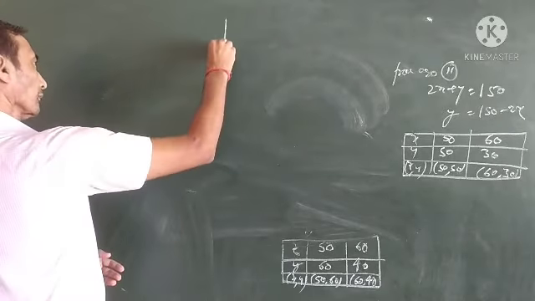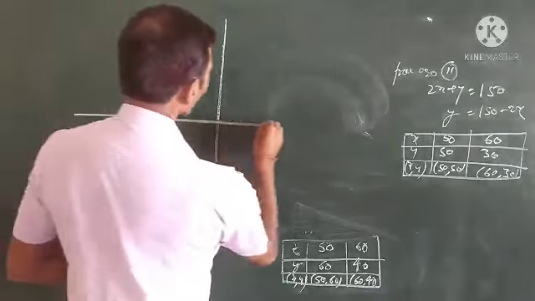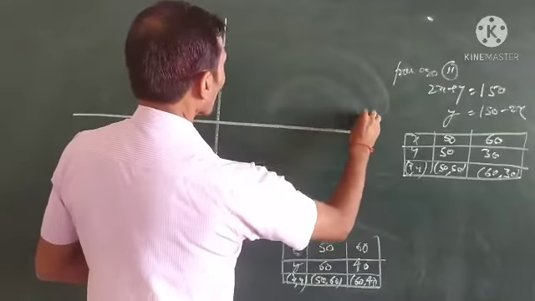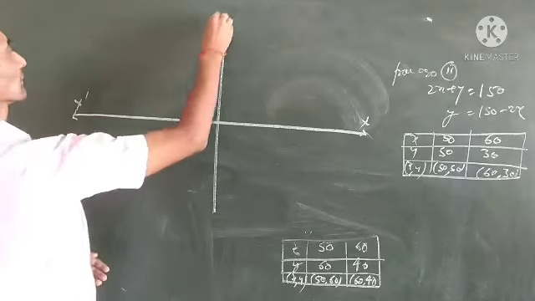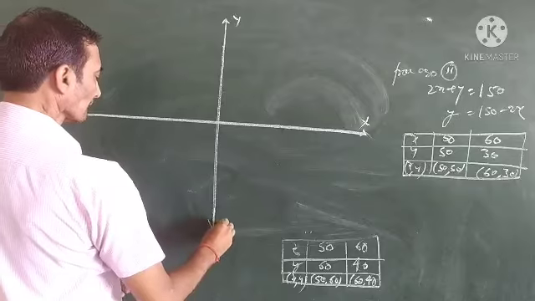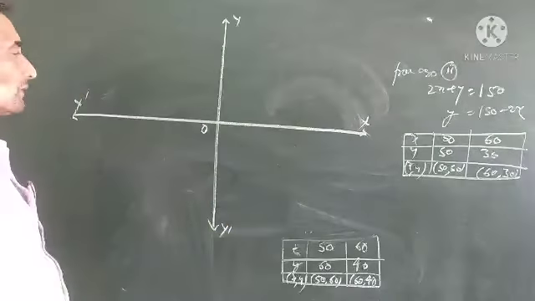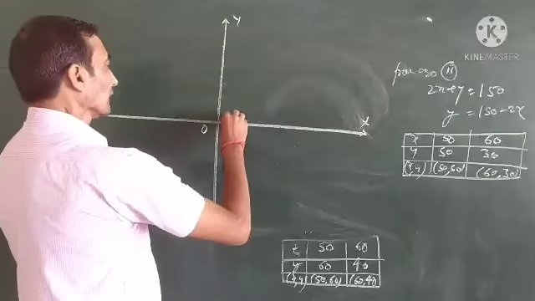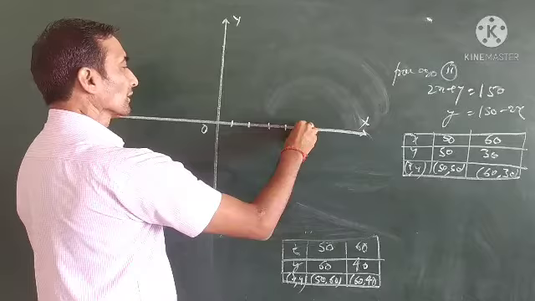A vertical line and a horizontal line. The horizontal line is called the x-axis, the vertical line is called the y-axis, and the intersecting point is called the origin. Divide the distance equally just like this.